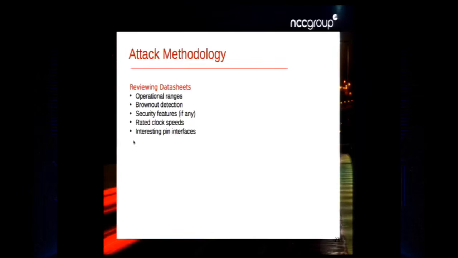With brownout detection, oftentimes the manufacturers rate what the minimum pulse width is for the brownout duration. This helps determine what the maximum duration is for the actual glitching attack. Of course, you also want to check whether the device has any security features and if it claims to have any.